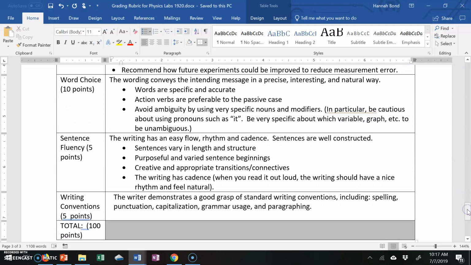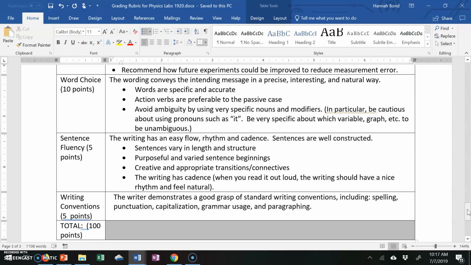When you write a lab report, be careful to observe all of the same conventions and style of writing that you would if you were writing for English or history. Wording choices are important because it's important to be specific and accurate.